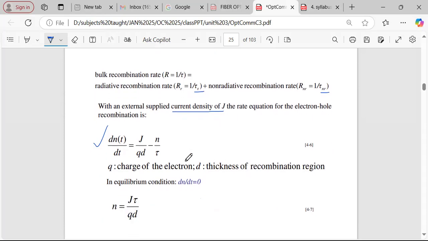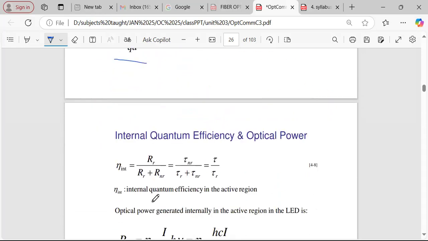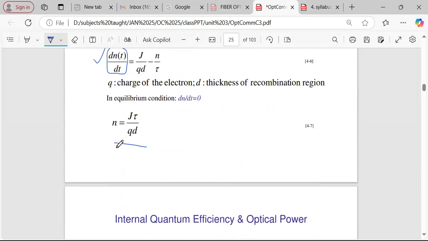In case of equilibrium, this ratio is 0. So when we rearrange this, we will get the formula of electron density, that is n is equal to J tau by QD.